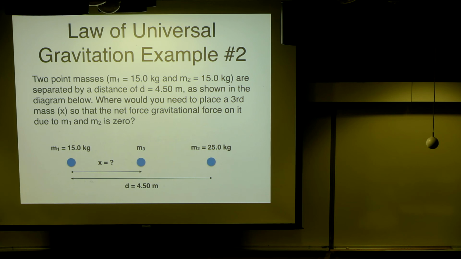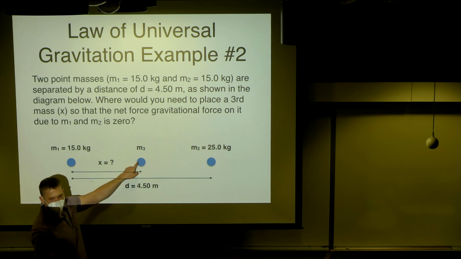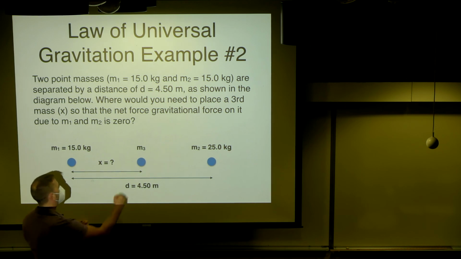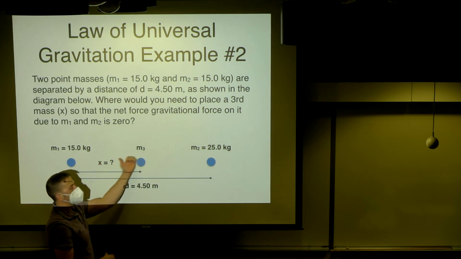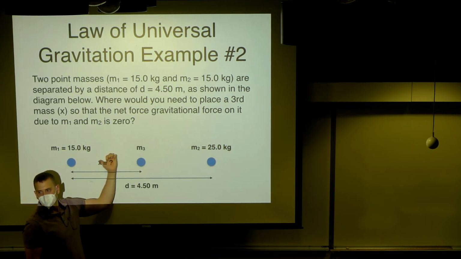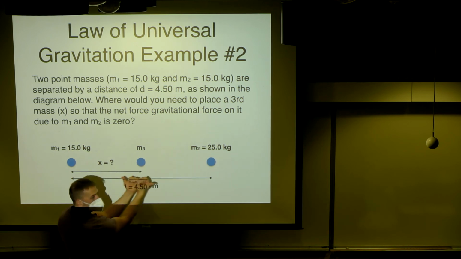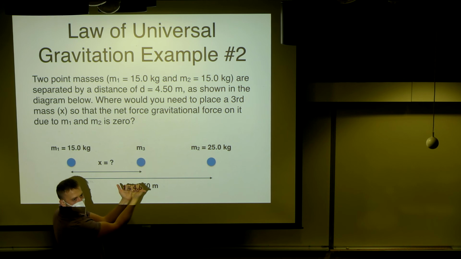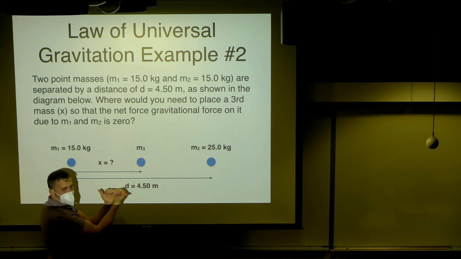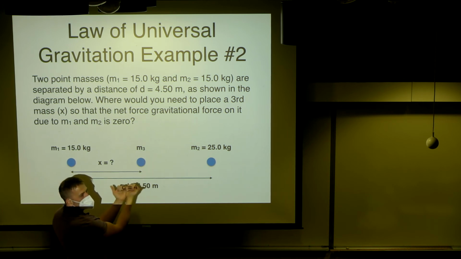So let's think about this, right? If I had a third mass right in the middle, it would be being pulled towards mass 1 like this. It would be attracted to mass 1, of course. But it would also be attracted to mass 2. So it's kind of being pulled in these two different directions. You see that? If there's zero net force, it just means it's being pulled equally hard in both directions.